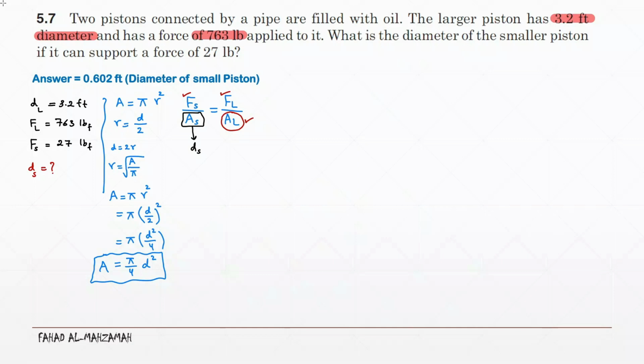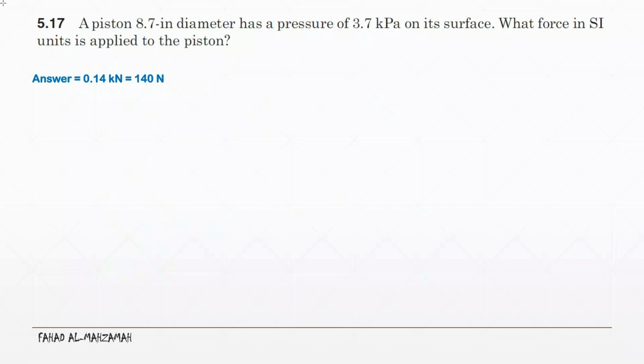This will confuse you, and you will mix them. What I mean by mix is maybe you write pi over 4 r square because you mix things together. By practicing, you will find this is easy to use. Any formula, you will find it's easy. So try to solve it. The final answer is given.